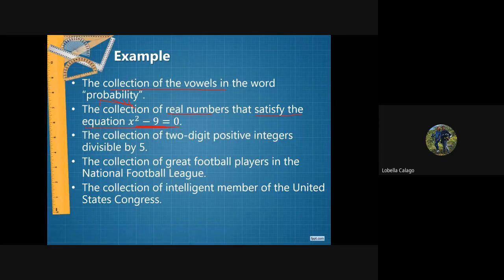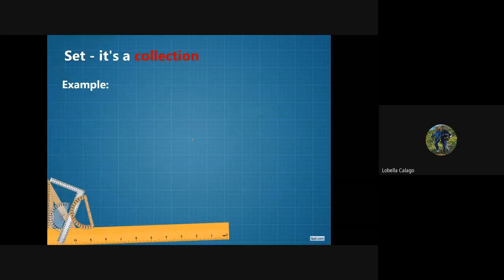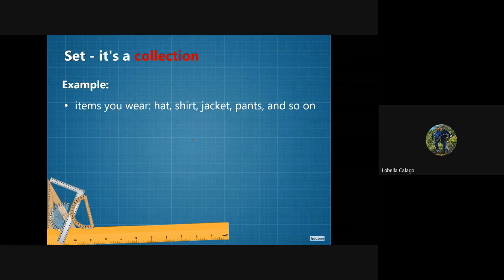So pag may collection, it means that it is a set. Okay. So a set is a collection. For example, it can also be the items you wear: hat, shirt, jacket, pants, and so on.